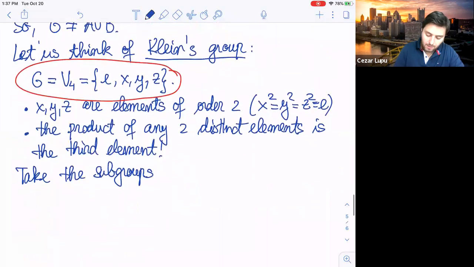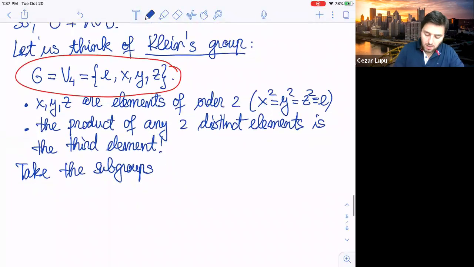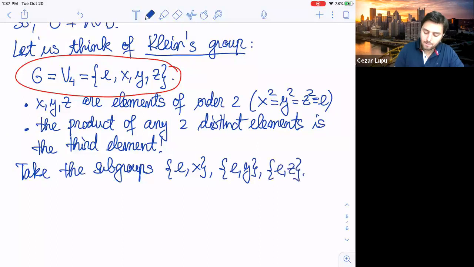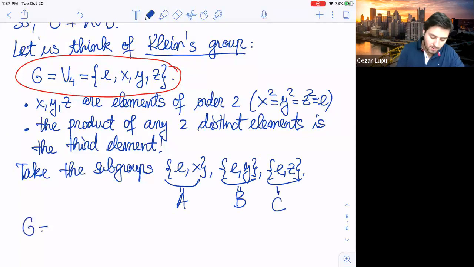Let's just say, we can write it in this way: {e, x}, {e, y}, and {e, z}. Let's say this is A, this is B, and this is C. And G can be expressed as the union of these.